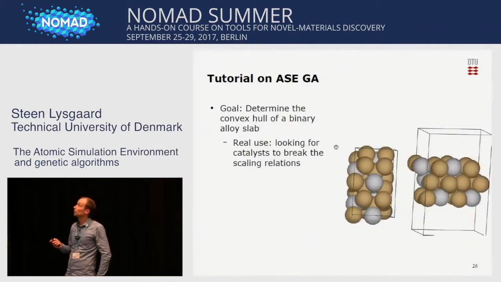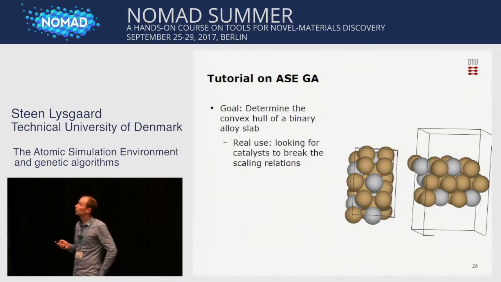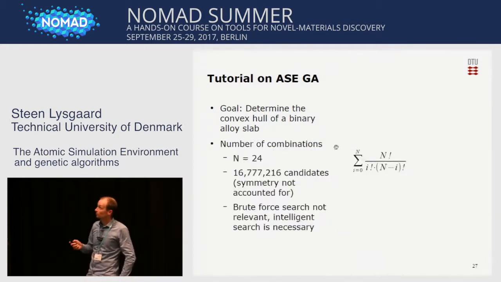So let me say a little intro to the tutorial. We're going to determine again the convex hull, defining our slab using the GA. And if you want a real use for this, we can perhaps use this to try to break the scaling relations between atomic energies, as I talked about before.